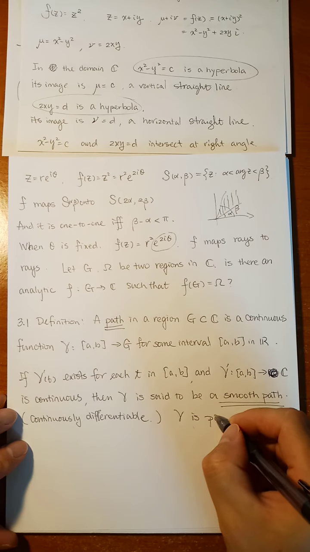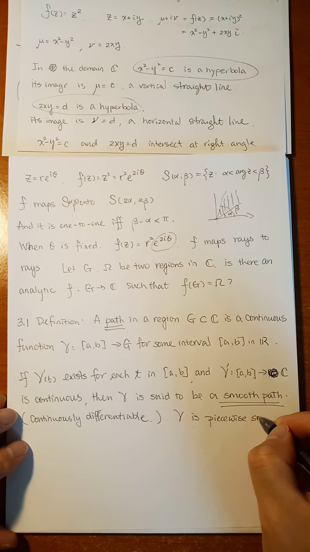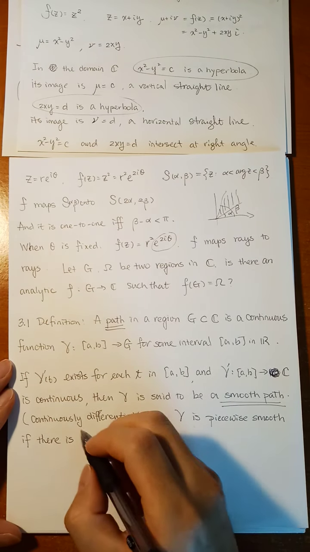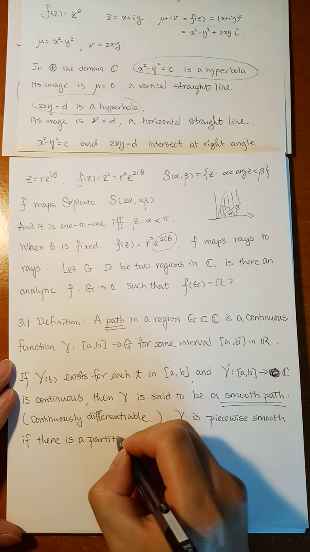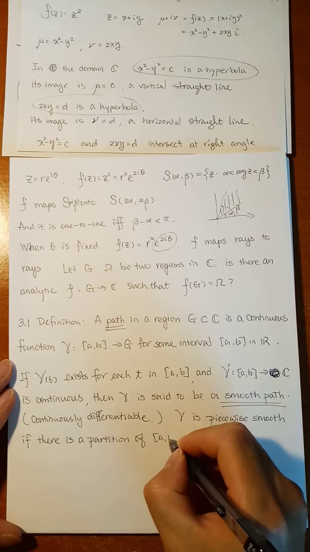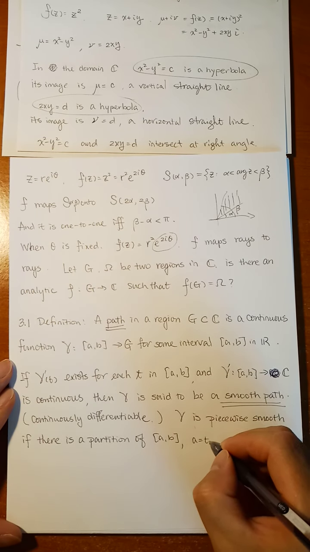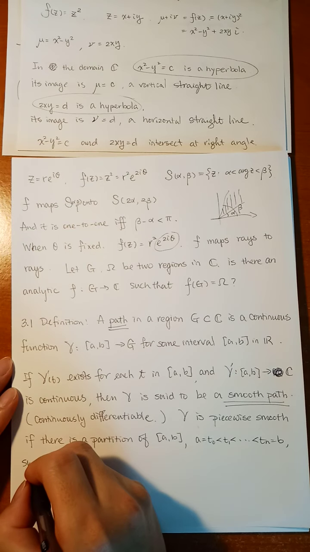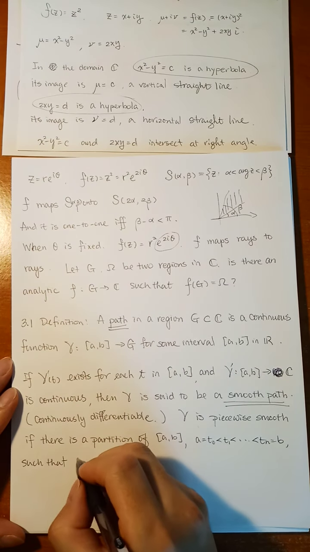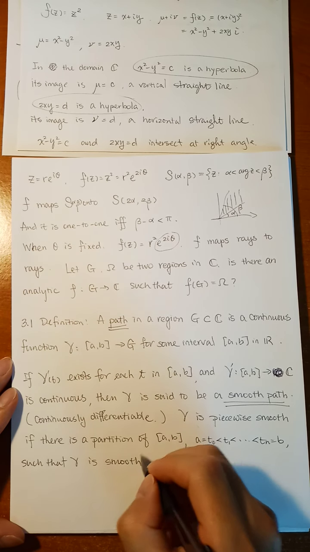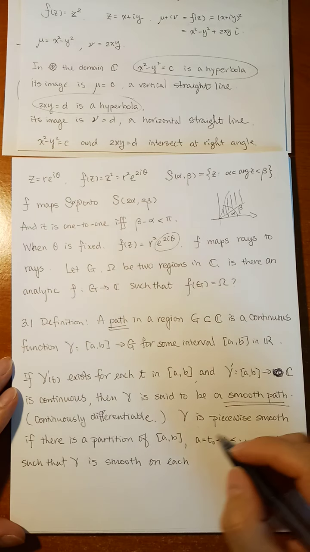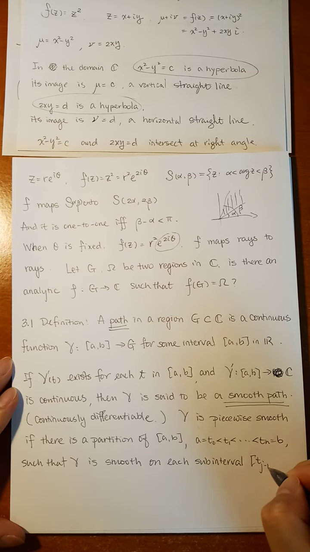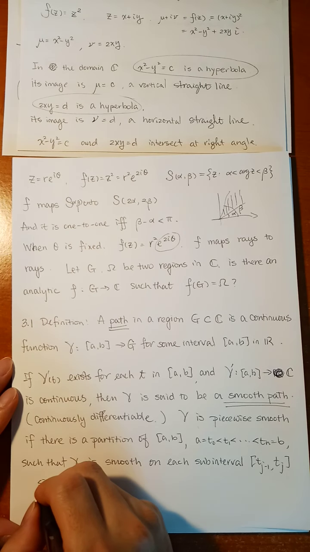Gamma is piecewise smooth if there is a partition of [a, b], here a equals t_0 less than t_1 less than ... less than t_n equals b, such that gamma is smooth on each subinterval [t_{j-1}, t_j], here j is between 1 and n.